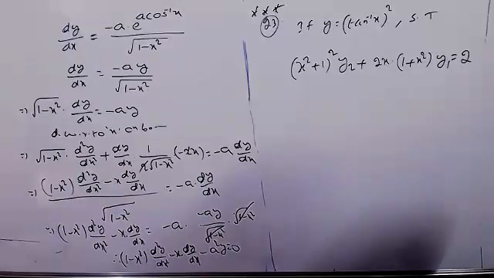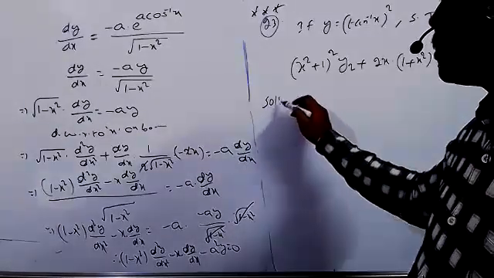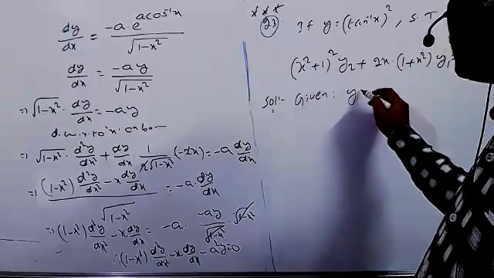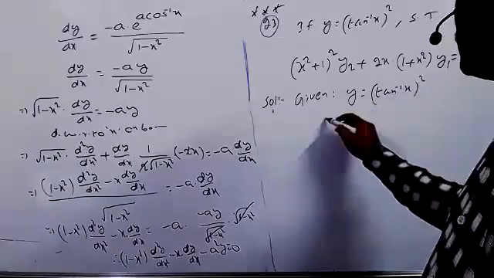If y equals tan inverse x whole square, show that x square plus 1 whole square into y2 plus 2x into 1 plus x square into y1 equals 2. Given y equals tan inverse of x whole square.